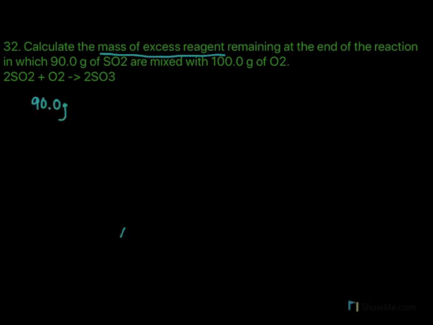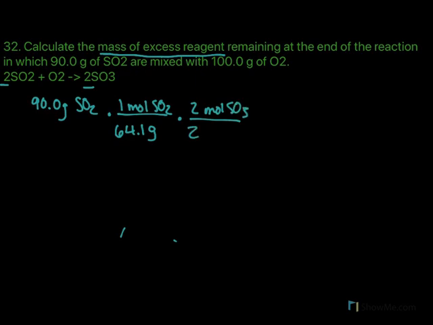So we've got 90 grams of SO2, so we will multiply that by molar mass, and then we will use our molar ratio, so this is a 2-to-2, and then we can just stop there because since this is the same product, we can just compare it in moles.